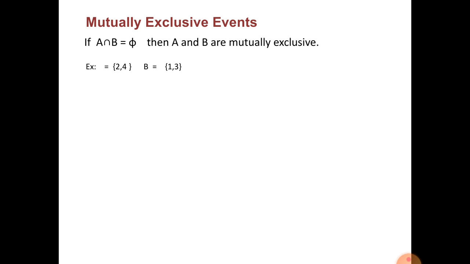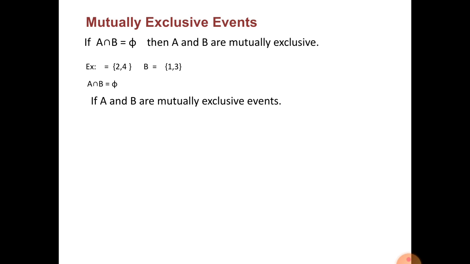Then let us understand what are mutually exclusive events. If A and B are two events and the intersection of those two events is null, then we could say that A and B are mutually exclusive. For an example, 2 and 4, 1 and 3. As you can see, there is no intersection for those two sets.